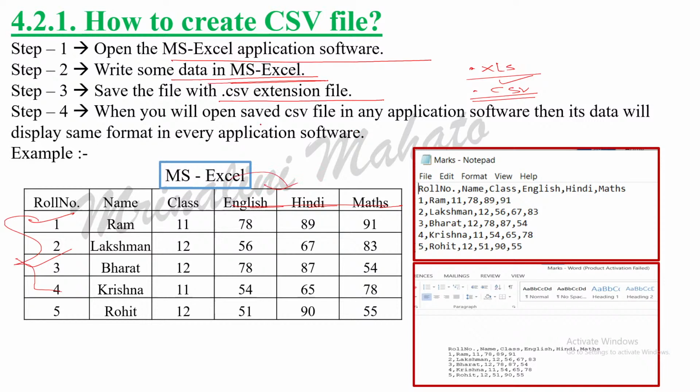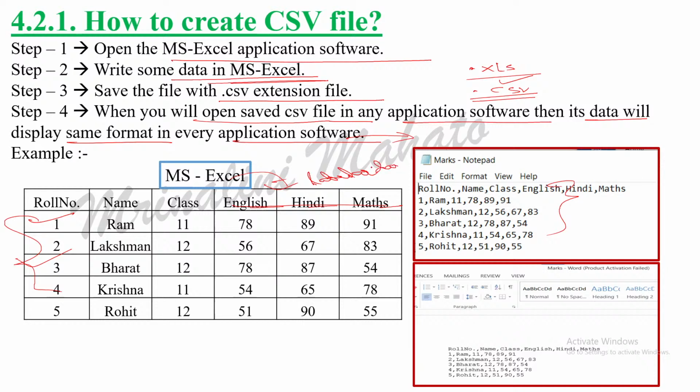Then whenever you open it in any text application software on your desktop or laptop, your format will come like this. What you wrote in the Excel sheet is in tabular format.